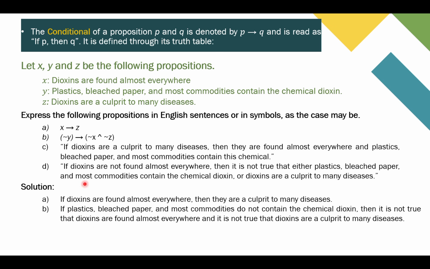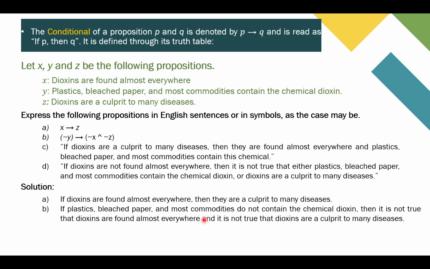Okay, if plastics, bleach, paper, and most commodities do not contain the chemical toxin, since this one is positive, we insert the words do not or don't contain the chemical toxin, comma, then it is not true that dioxins are found almost everywhere. And here, tilde X or not X.